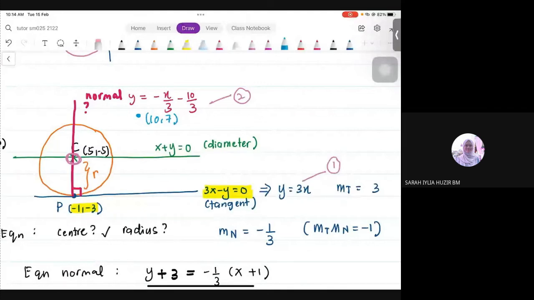Because now we have the radius, if our distance is longer than the radius, it means it's outside the circle. If the distance is less than the radius, smaller than our r, it means it lies inside the circle. That's the concept. So I find the distance between the center and that point. I call this point A. So now we have to find the distance between C and A.